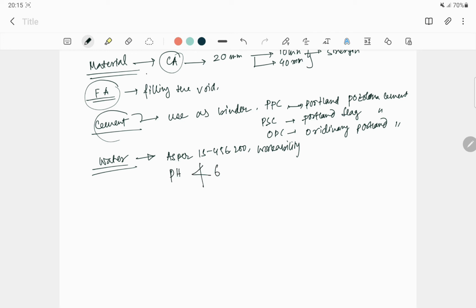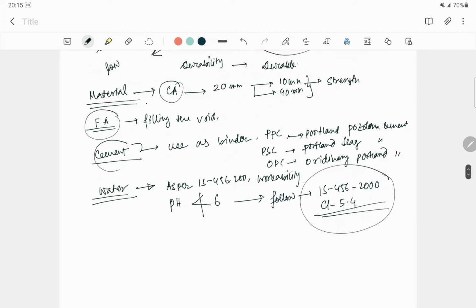If you want to know more about water, refer to IS 456 2000, clause number 5.4. So I hope it is clear what kind of materials we use in PCC.